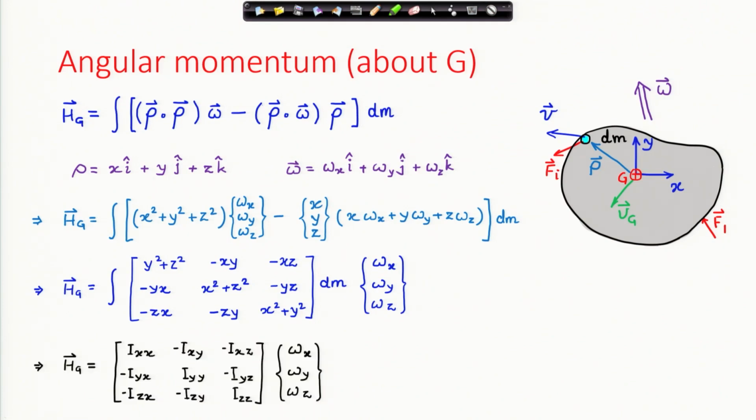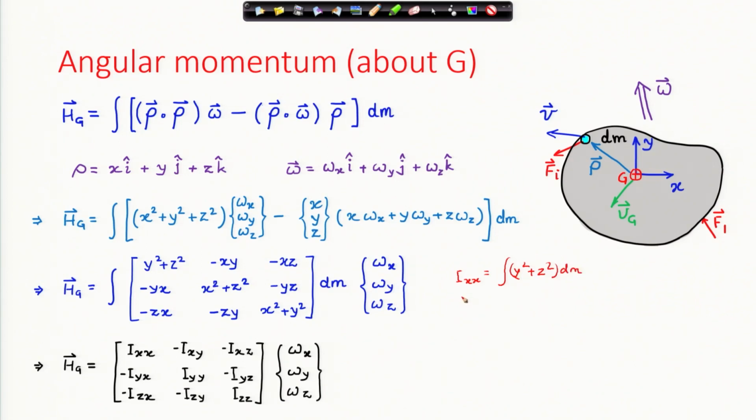This integral is now represented in terms of these terms, which are called the moments of inertia and the products of inertia. I x x is nothing but integral of y square plus z square d m.